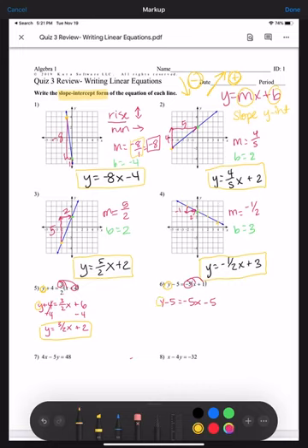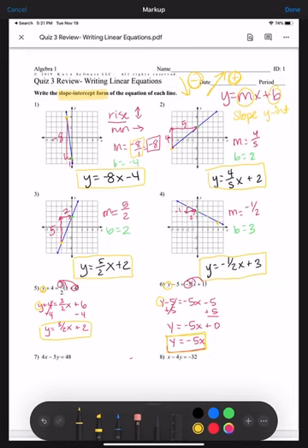I need to move this 5 to the other side, so I'm going to add 5 to both sides. These cancel, so I'm left with y equals negative 5x, and negative 5 plus 5 is 0. So the simplest form of this would actually be y equals negative 5x, because plus 0 is unnecessary. Adding 0 is not going to change this at all.